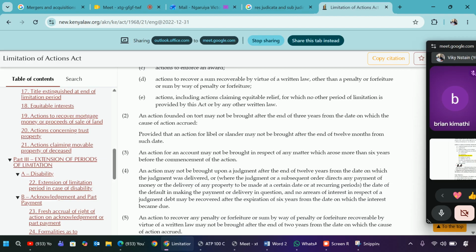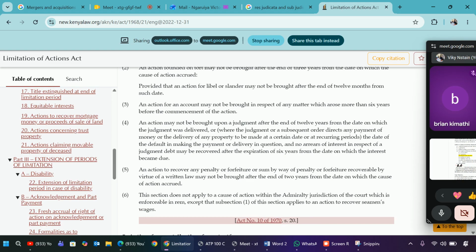An action may not be brought upon a judgment after the end of 12 years from the date on which the judgment was delivered, or where the judgment or a subsequent order directs any payment of money or the delivery of any property to be made at a certain date or at recurring periods, the date of the default in making the payment or delivery in question, and no arrears of interest in respect of a judgment debt may be recovered after the expiry of 6 years from the date on which the interest became due.